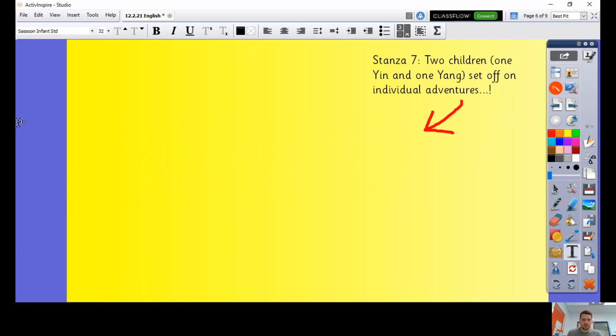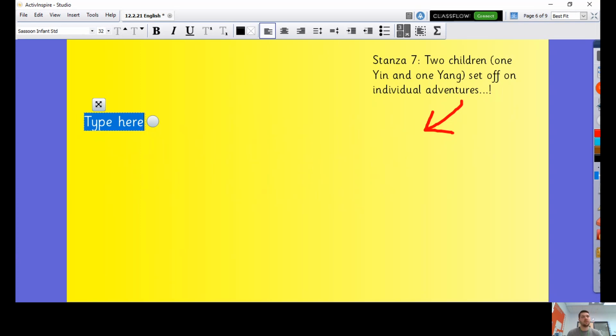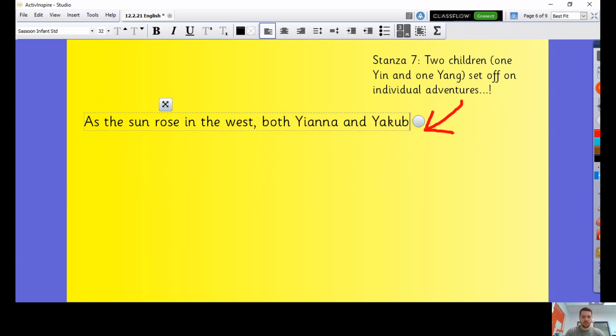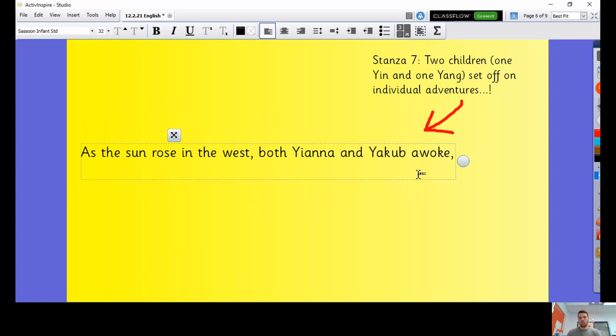So let's go for, it was night time, so it needs to be the morning now. They're not going to go during the night. As the sun rose in the west, both Yana and Jakob awoke. What rhymes with awoke?